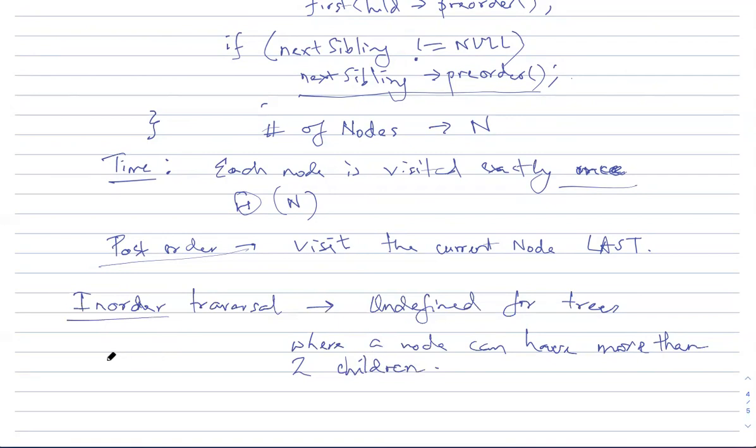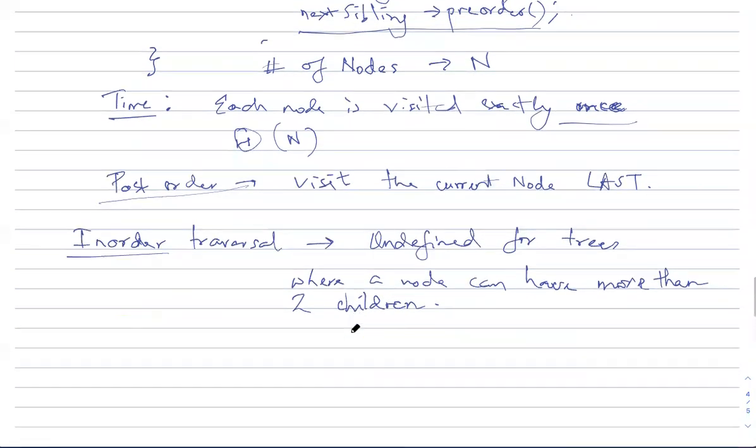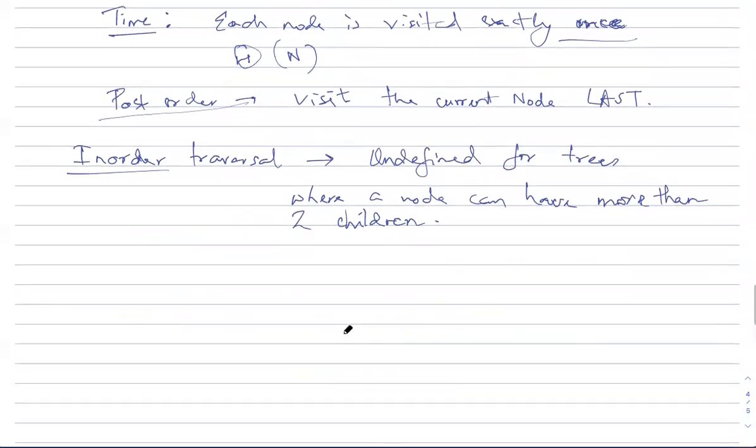So this is particularly relevant when we are discussing binary trees. Okay, so we'll come back to that. Any question? So these are the basic ways you can traverse a tree.